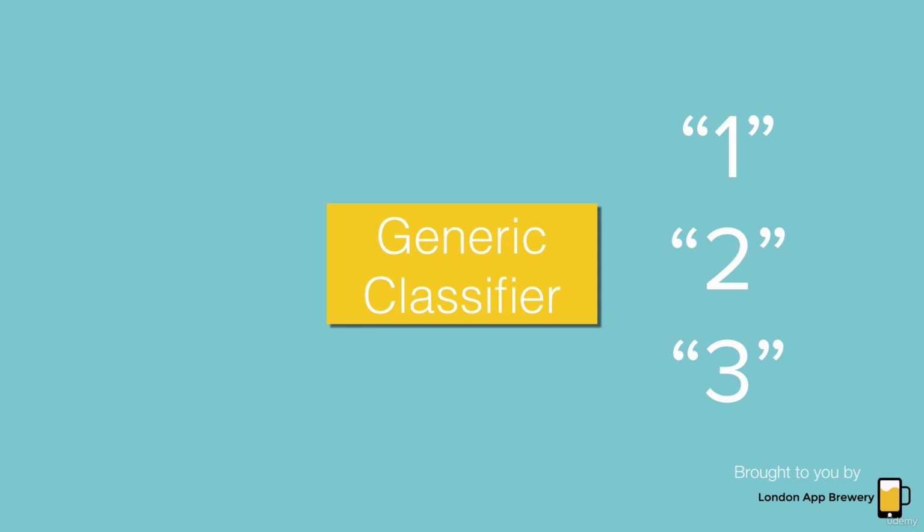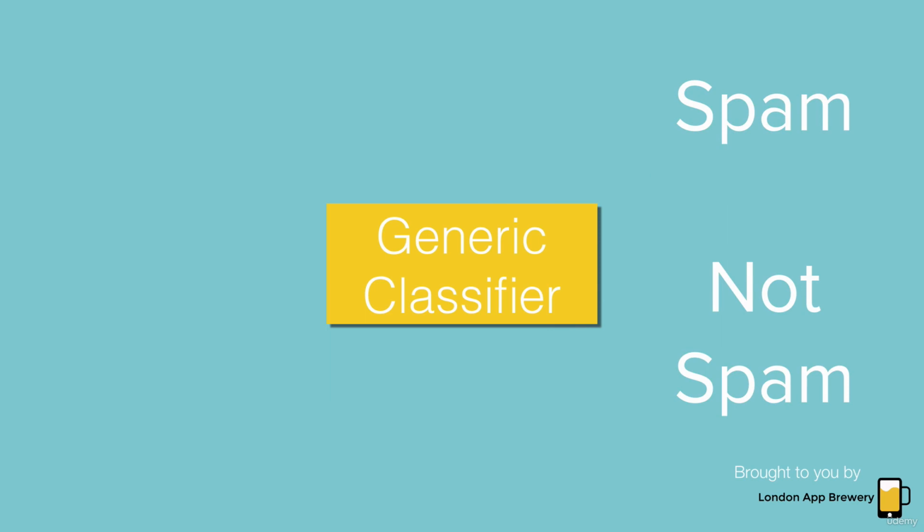But you can use that same generic classifier, and instead of training it on images of handwritten numbers, you could feed it emails that are labeled as spam or not spam, and it could classify new emails based on those criteria. So once you've created a good model or a good generic classifier, if you change the training data, you can get it to do different things without having to recode the entire model. And this is one of the advantages of machine learning.